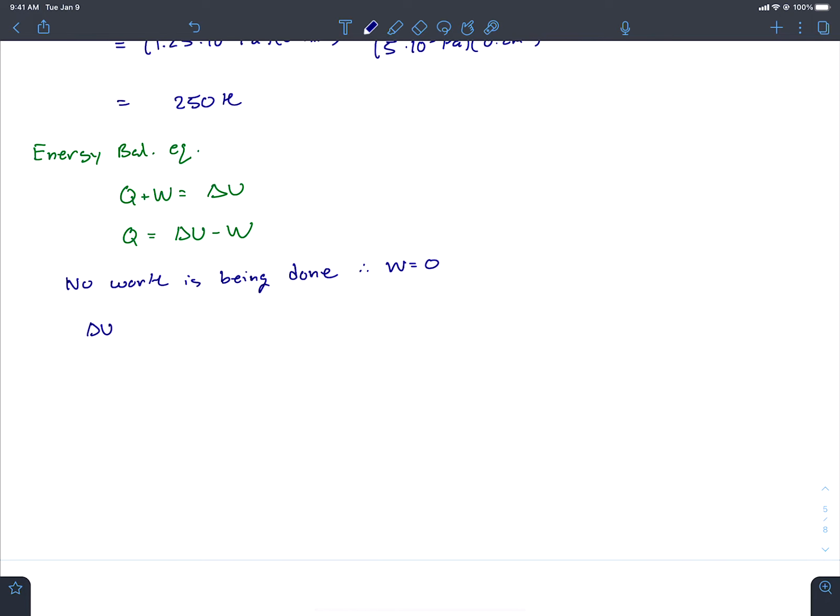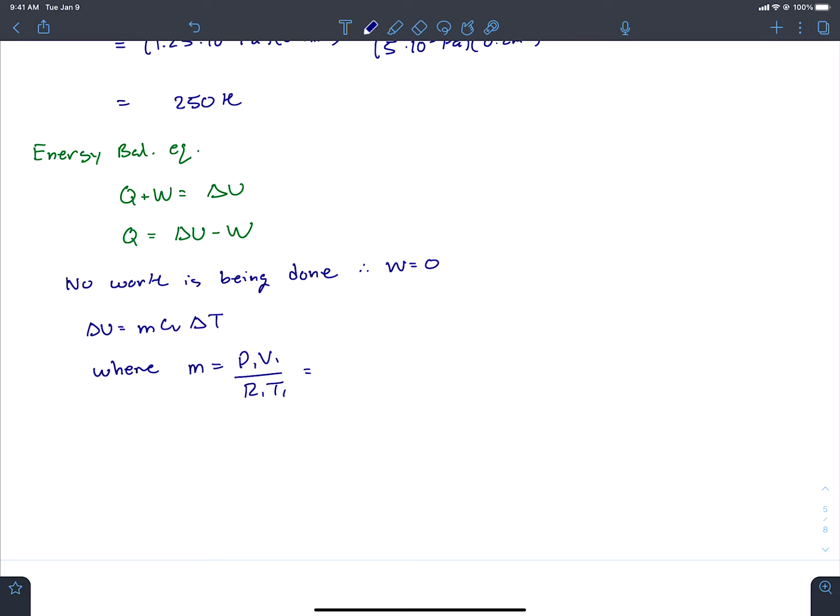So change in U equals m C_V delta T, where m equals P1 V1 over R T1.